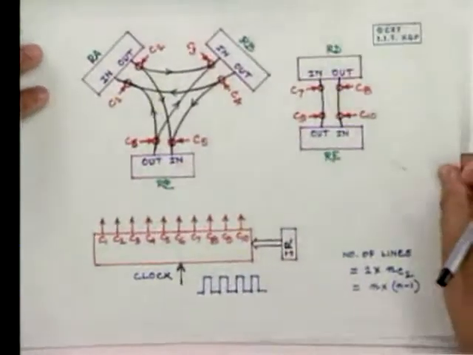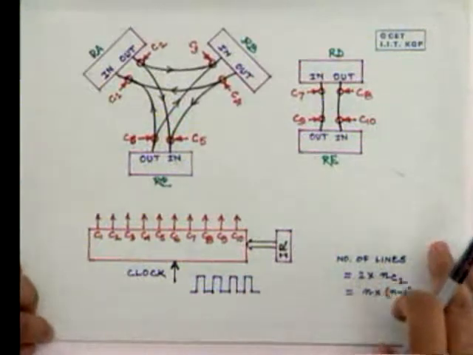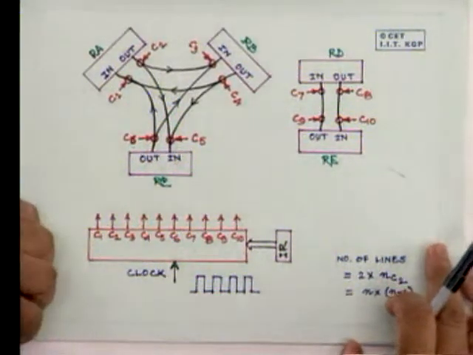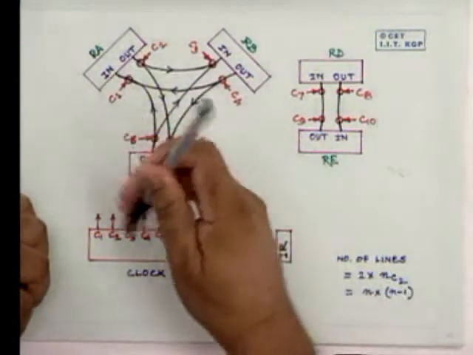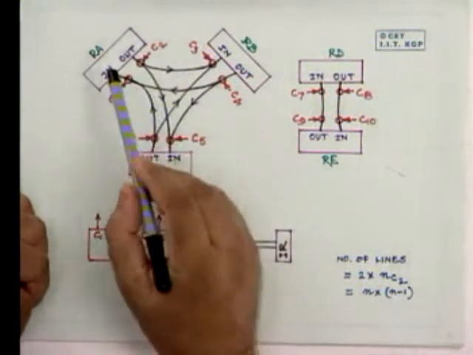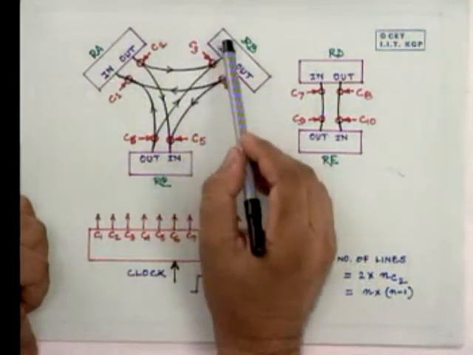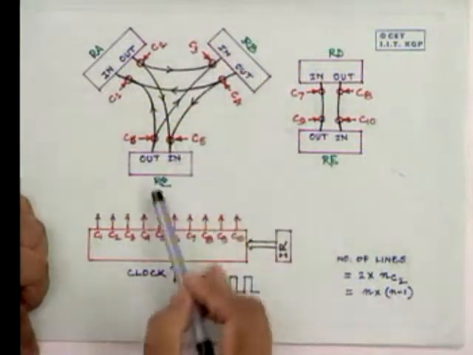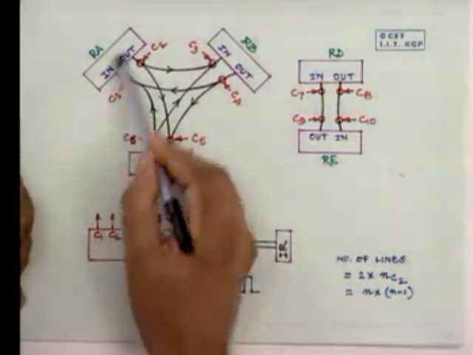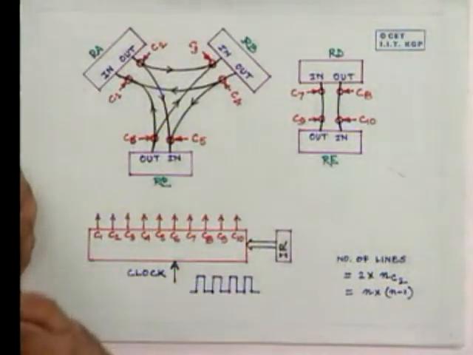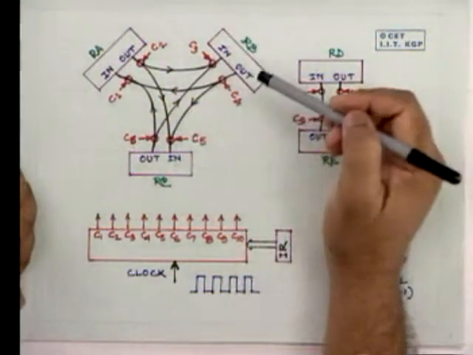Let us take a simple example and show this situation. Here, what we have taken is three registers, RA, RB, and RC, where the data can be held.